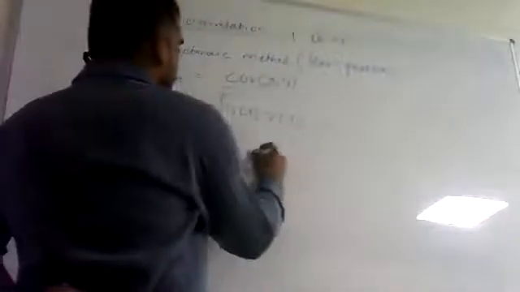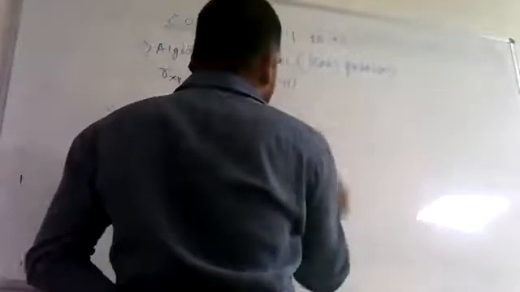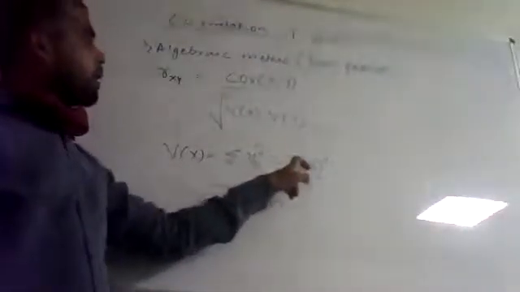You have forgotten your undergraduate. So, variance of x is given by summation of xi square minus summation of xi bracket square divided by n, and whole divided by n minus 1.